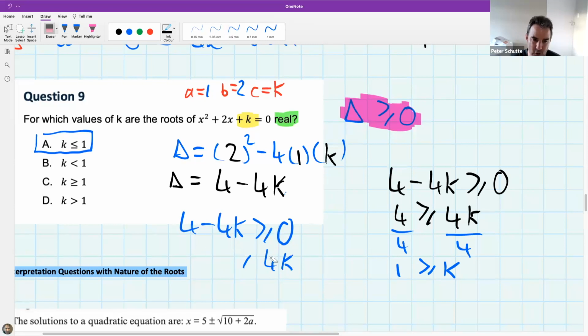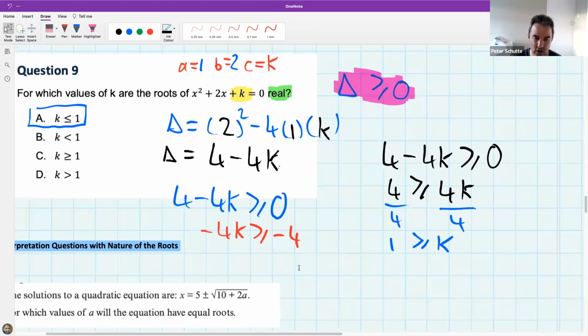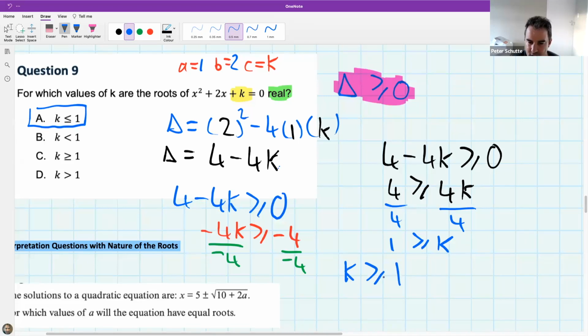If, for some of you, you moved the 4 to the other side and you had this, then you could divide by minus 4. And you're quite correct. You would switch it around then. So you have K is greater than or equal to 1. Ooh, wait, what's going on here? Minus 4.